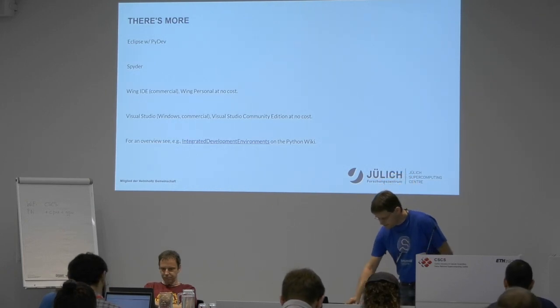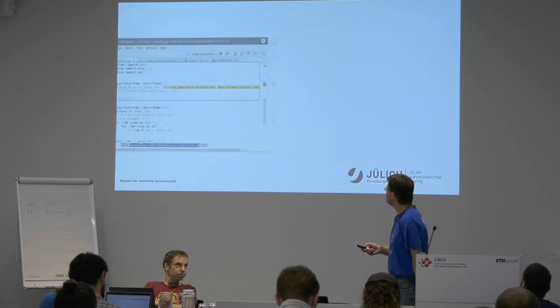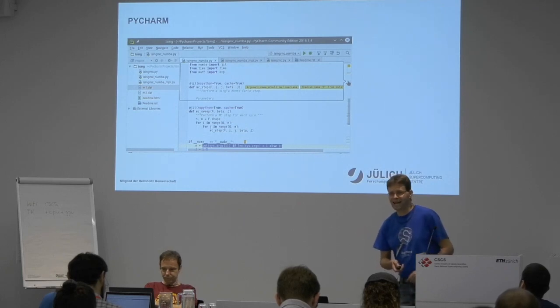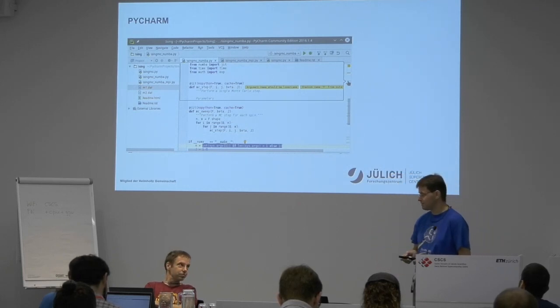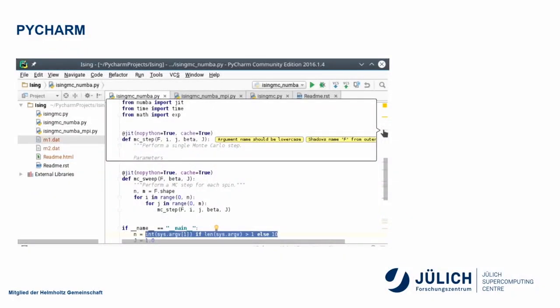Eclipse, as I said, has it. PyCharm has it in the commercial edition, but not the community edition. I think the commercial license is around 150 euros, which I think is a little steep. Visual Studio itself, of course, does.